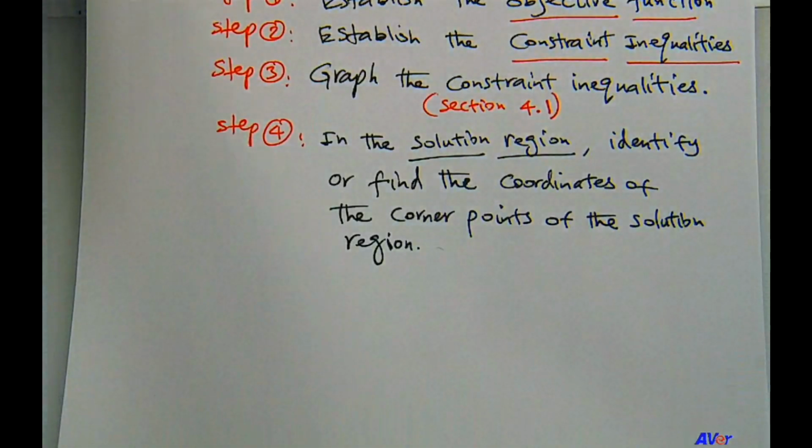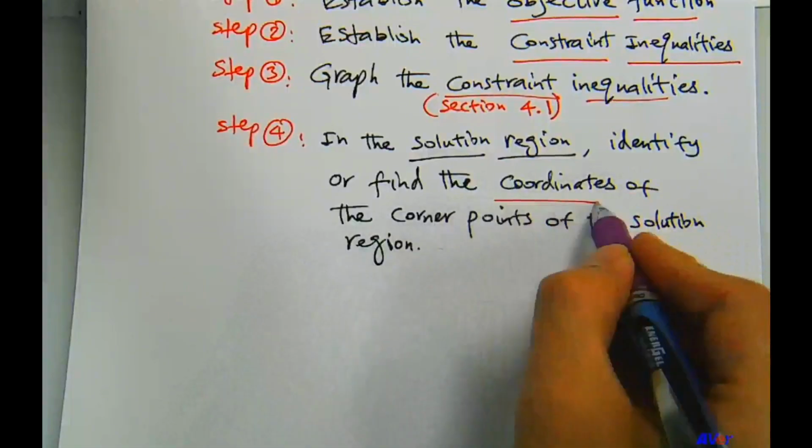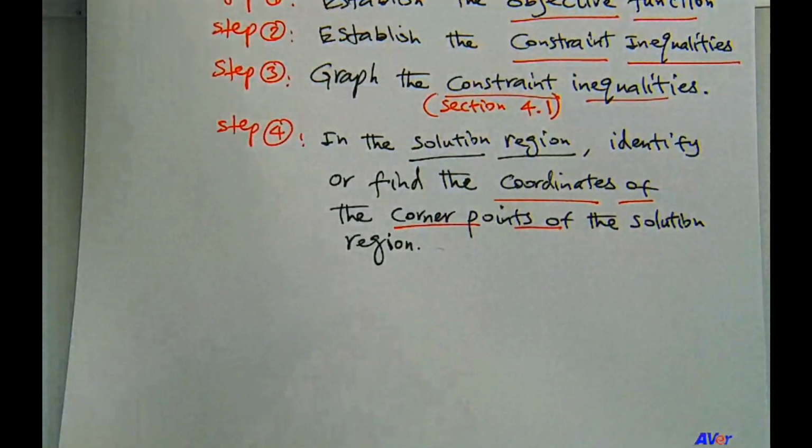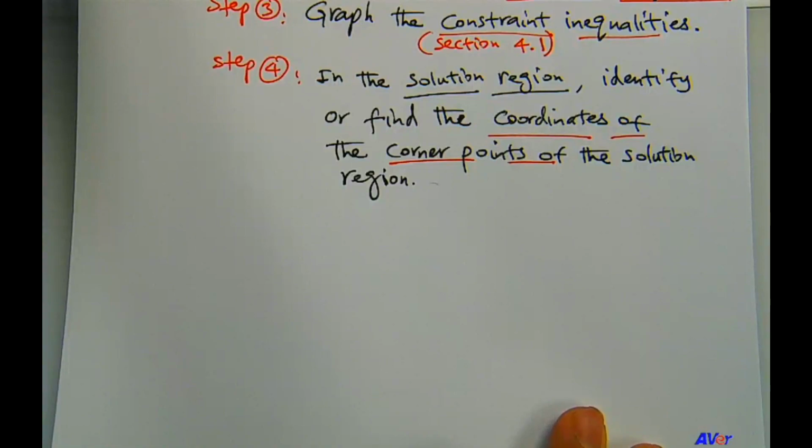So graph the constraint inequalities and then identify the coordinates of the corner points. You recall that in the previous section's video, at the last point, that's what we did, right? That system that we solved to get the coordinates of that one corner point that we didn't have. We're going to be doing that, if necessary, for the geometric approach. Sometimes it's not necessary to solve a system to get the corner points because they're all right there in front of us.